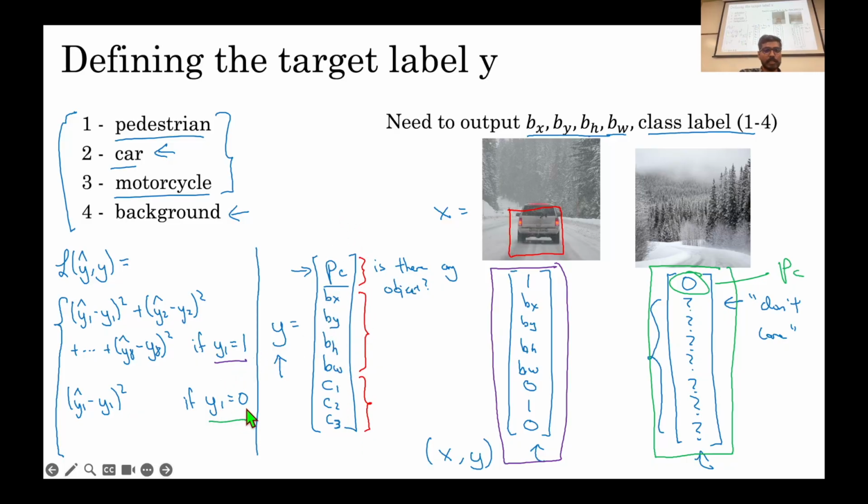But in case there is no object, you just want to minimize the loss on the first number. That's how the loss would look. Any questions on the loss? This is not exactly the squared loss; you have to use different losses for different parts. For the classification part, you would use cross entropy.